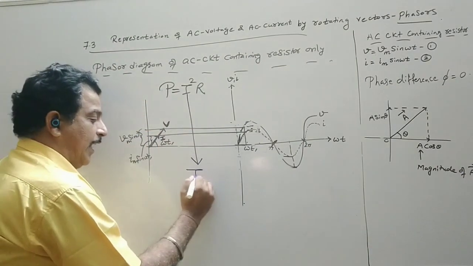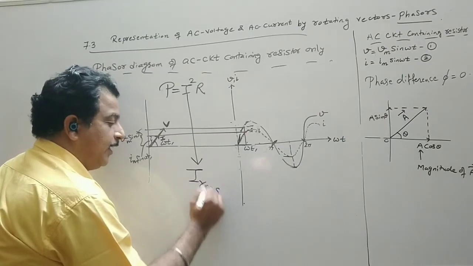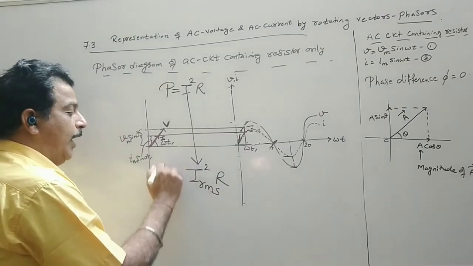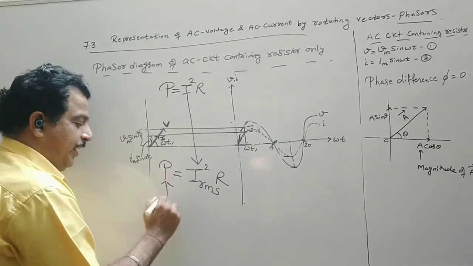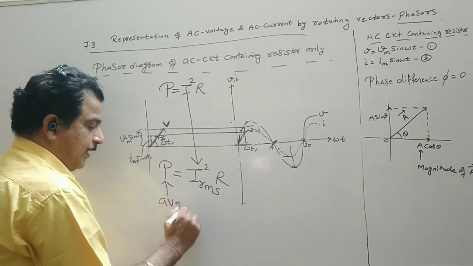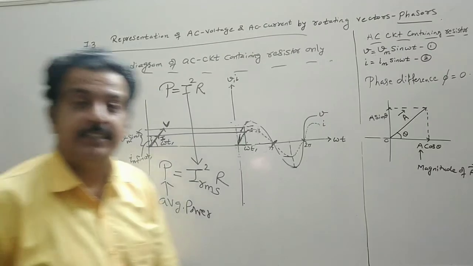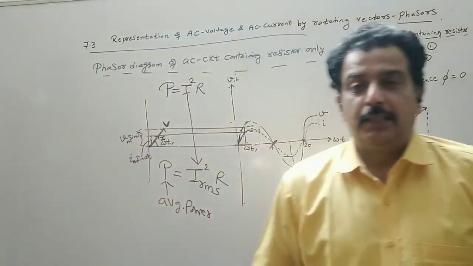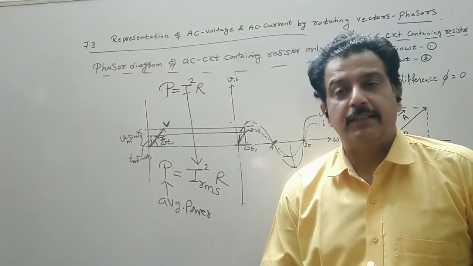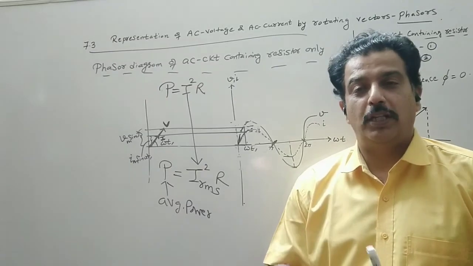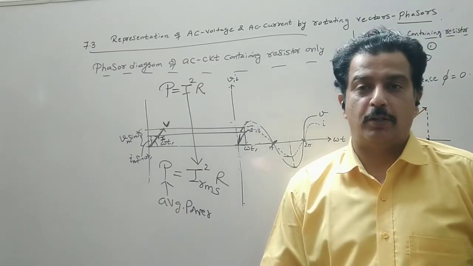Otherwise, this I is nothing but the I RMS value, and this capital V is nothing but the V RMS value, and this is the average power. So the symbols remain the same as those of the DC chapter, but their physical meaning has changed. So in all the circuits we will find out the power also.